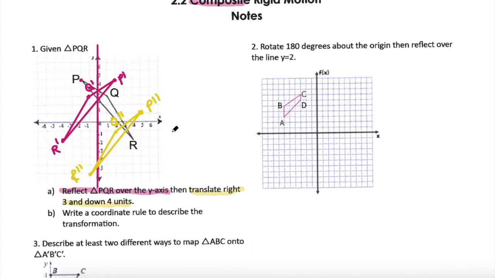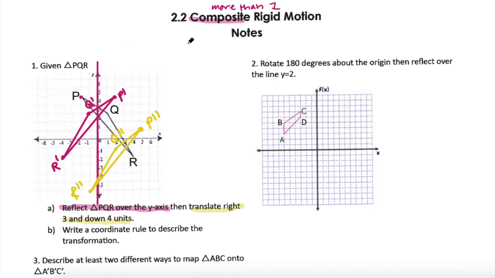So the next part asks us to write a coordinate rule. So for our coordinate rule, we need to think about first what happened when we reflected our points over the y-axis. Let's start by taking a look at our point P and P prime and comparing their coordinates. The point P is located at -2, 5, and P prime is located at +2, 5.